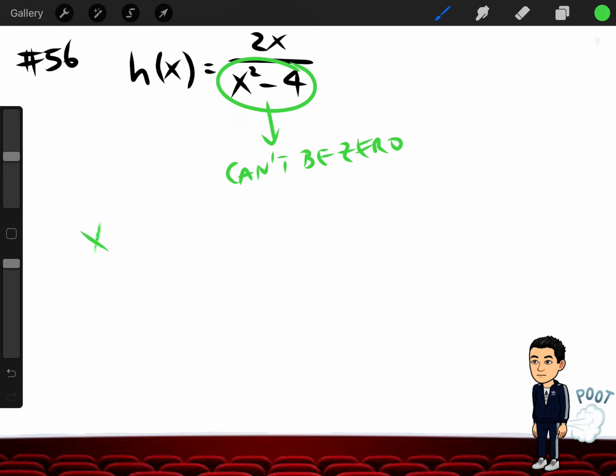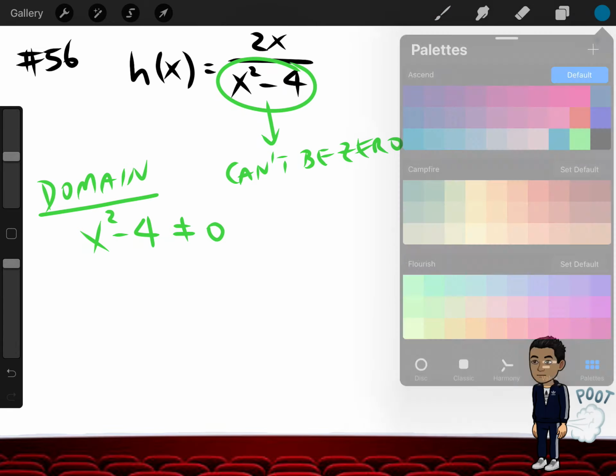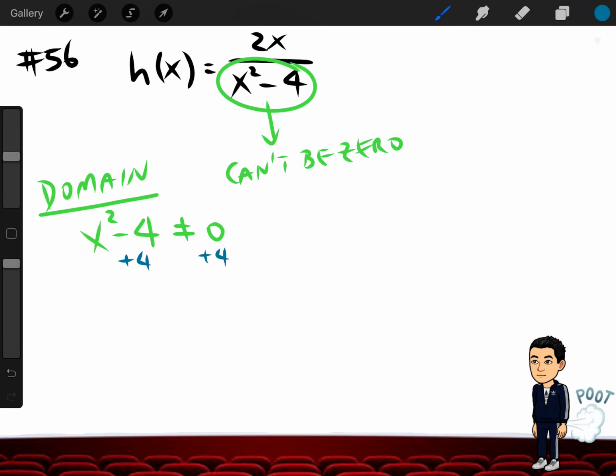For the domain, it's going to be a little tricky here. So for the domain, x squared minus 4 cannot equal 0. Let's add 4 on both sides, so x squared cannot equal positive 4.